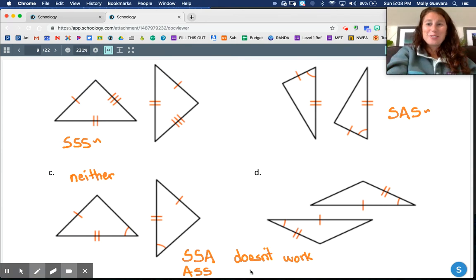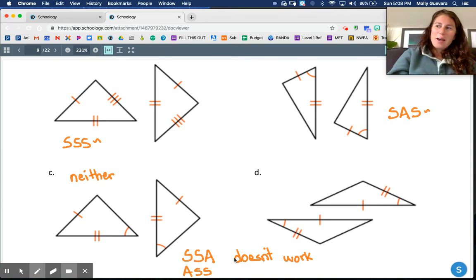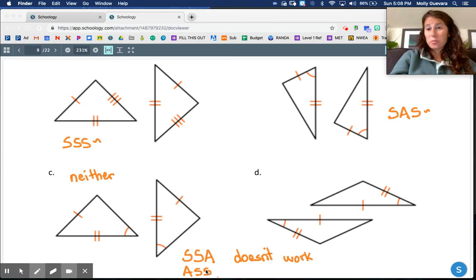So we always say you don't make an ASS out of yourself because it's never going to work. Anytime you have side, side, angle or angle, side, side, you cannot prove that the triangles are congruent without more information. So this one's neither, but more importantly, it's a condition that doesn't work no matter what.